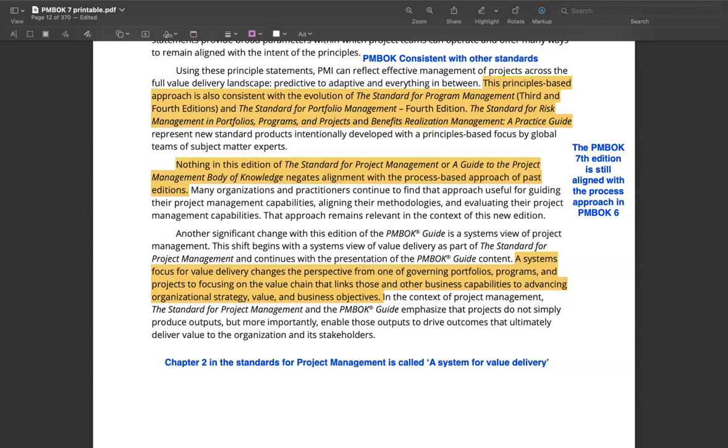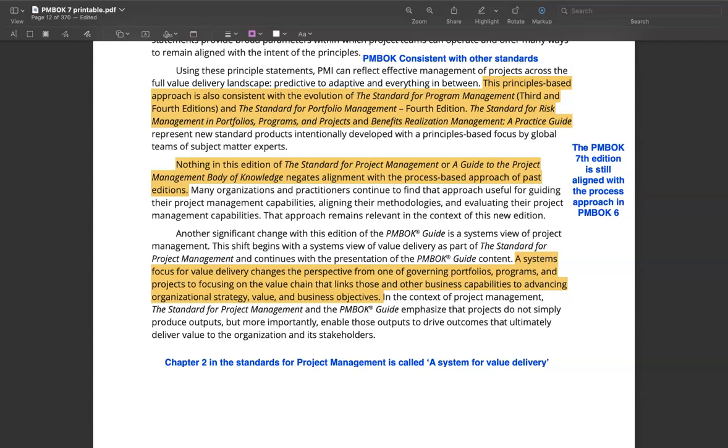PMI has recognized that most businesses are trying to deliver value, especially with agile frameworks coming to the fore, Scrum becoming extremely popular, and everyone constantly talking about delivering customer value and business value. That's kind of the buzzword, but it also logically makes sense.